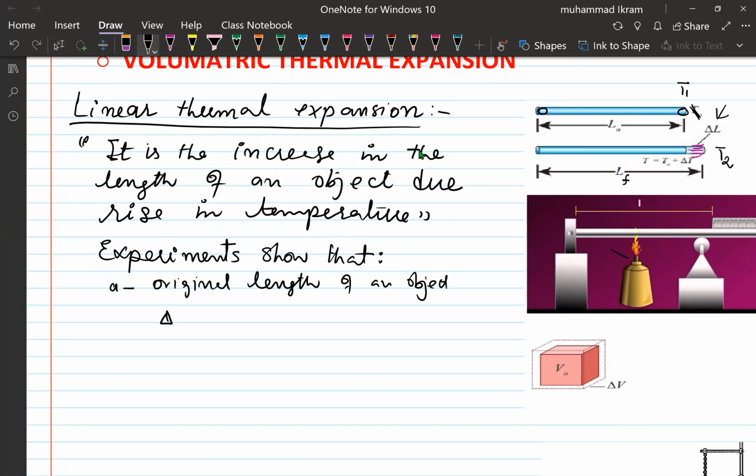The change in length, delta L, is directly proportional to the original length of the object. It is directly proportional to what? To the original length of the object.